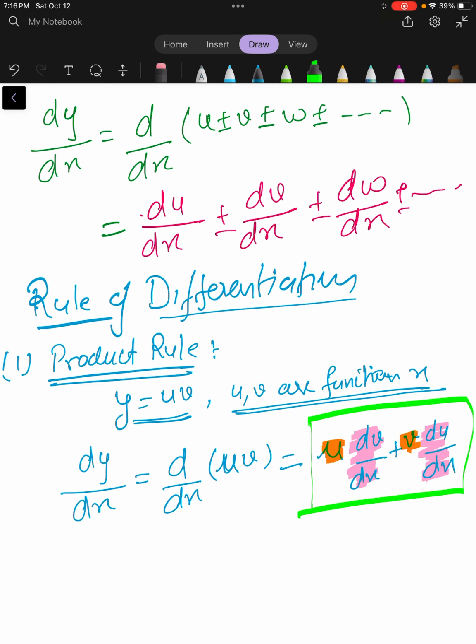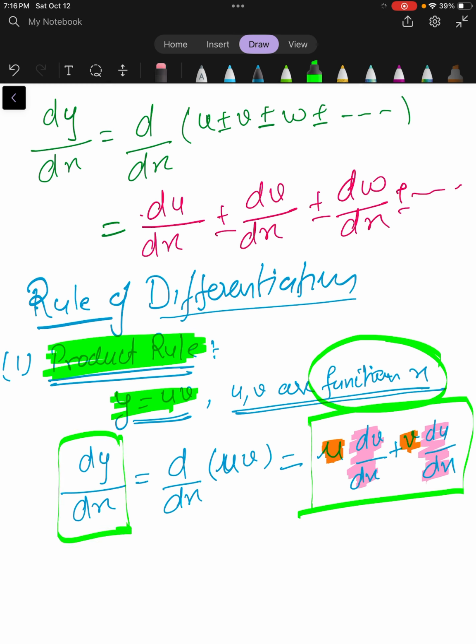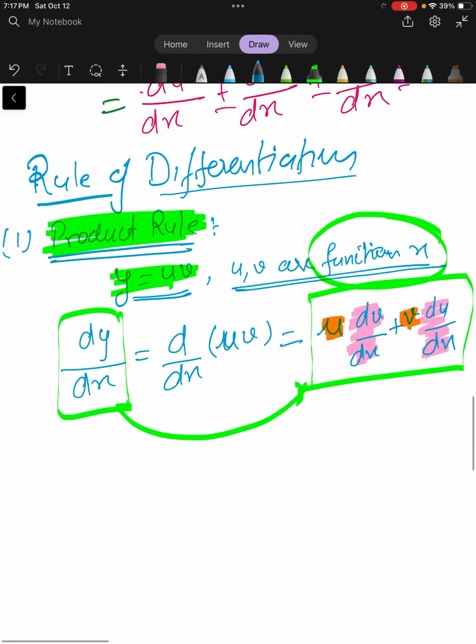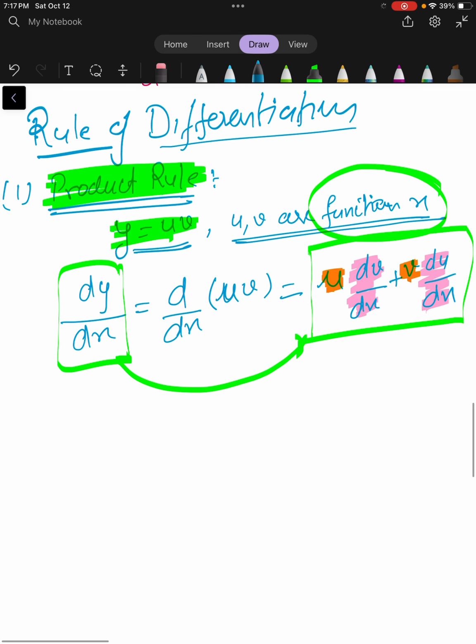So we have y is equal to uv, where these are functions of x, and when we do the differentiation of dy upon dx, it is equal to this one. Any question till now?